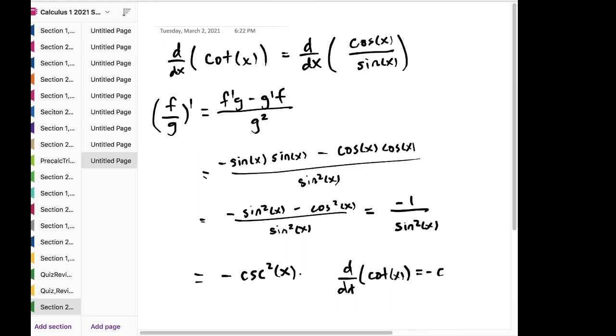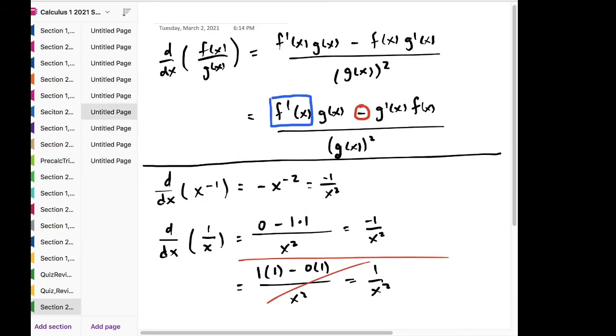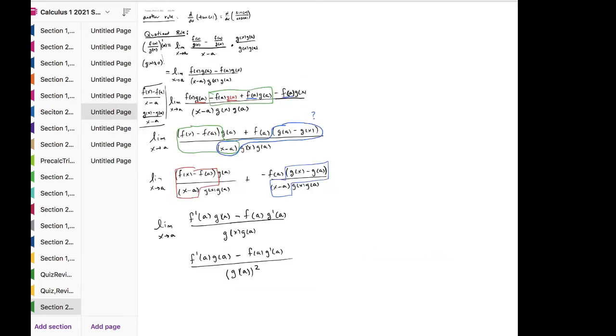And again, I really recommend not trying to memorize this right now, because it's just a nice application of the quotient rule. You probably want to memorize the quotient rule, because if you forget it, this might be harder to replicate.